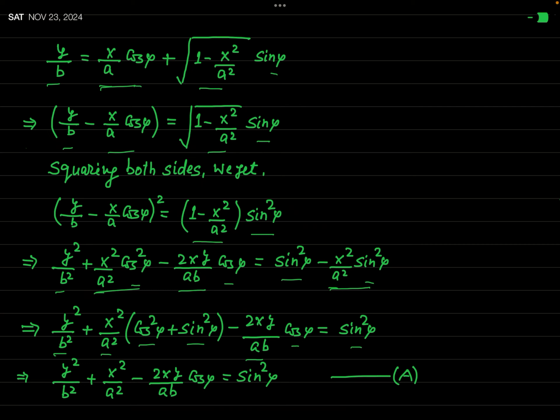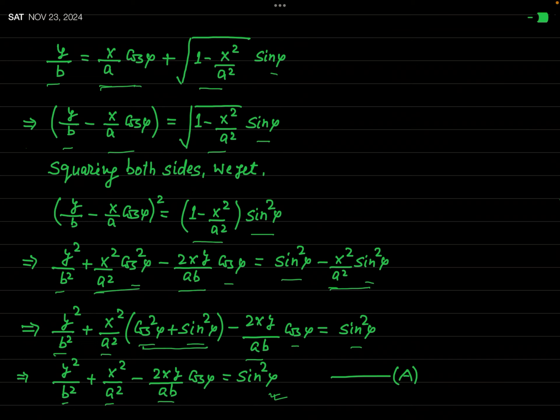But you know this cos square phi plus sine square phi is equal to 1. So this equation can be written as y square over b square plus x square over a square minus 2xy over ab times cos phi equals sine square phi.